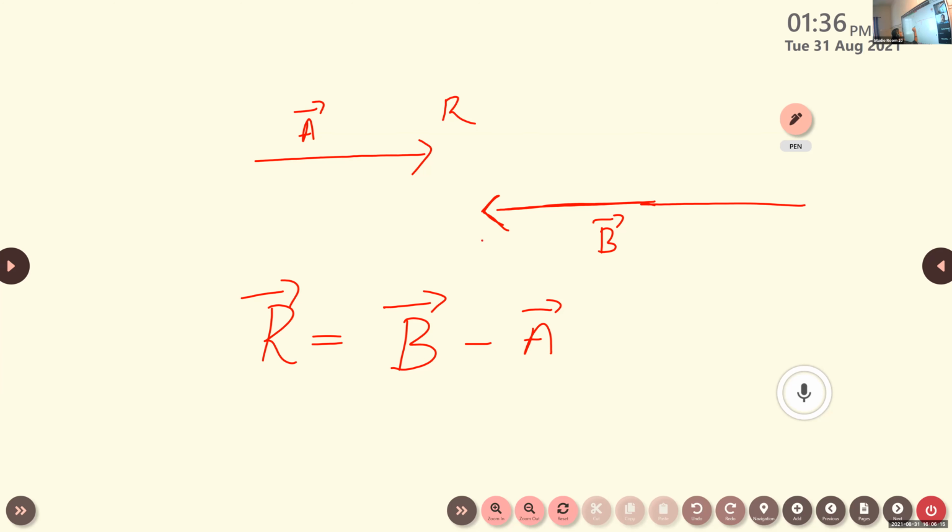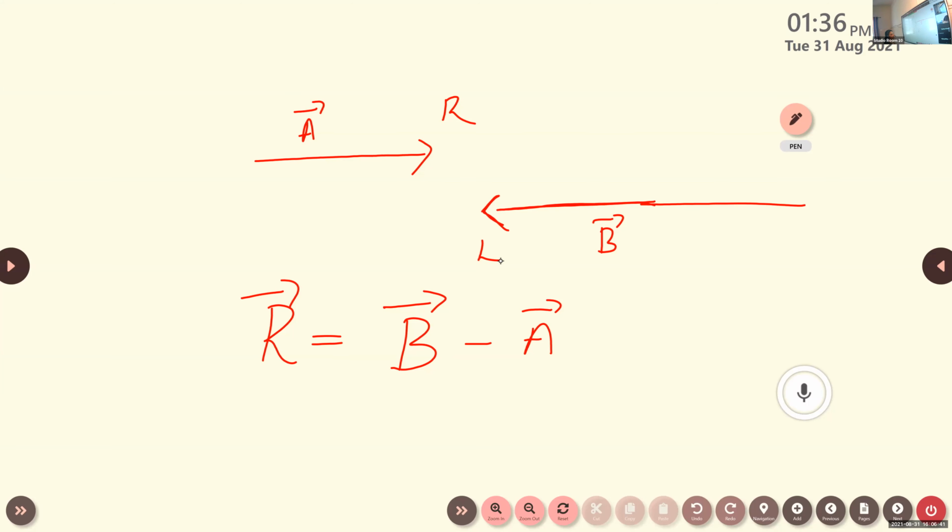Vector B is acting along the left side. So my question, what about the direction of the resultant vector? Left. Why? Why are we taking the resultant vector towards left? B is more strong.